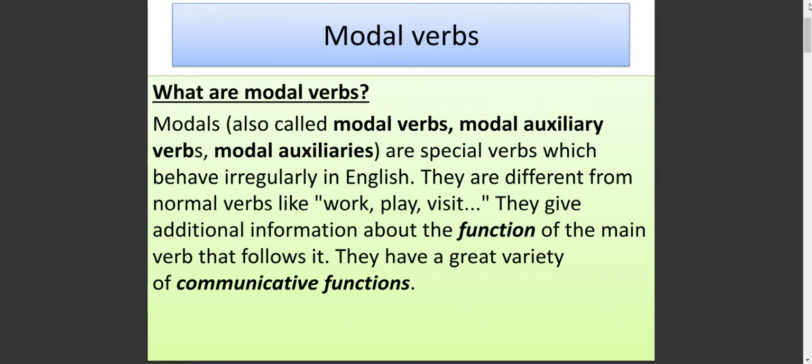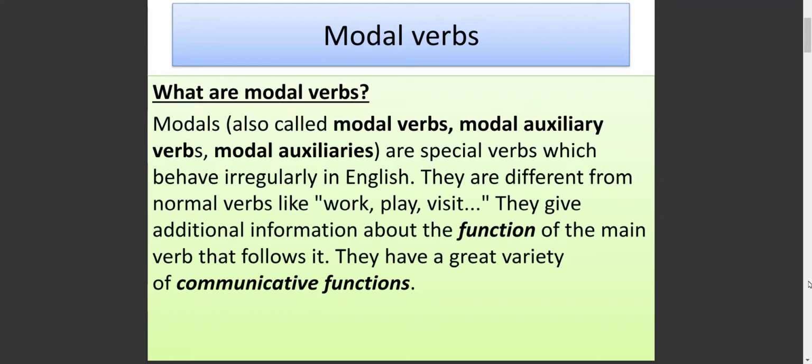They give additional information about the function of the main verb that follows them. They have a great variety of communicative functions.